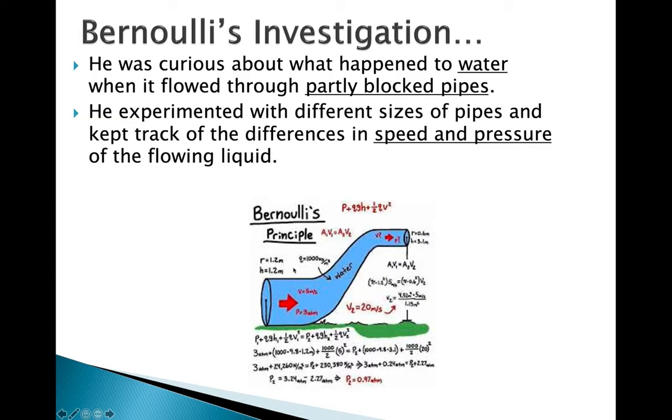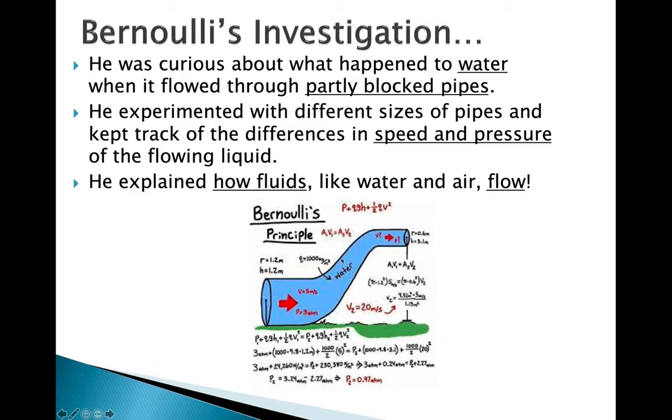Basically he kept track of the speed, how fast the water was going here, and then what the pressure is, and the same thing here. The pressure is measured in newtons, N. If you see any N's in here, that's where it is. He explained how fluids like water and air flow. That's what he wanted to come up with.